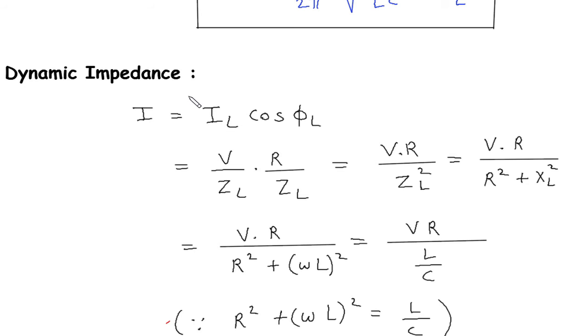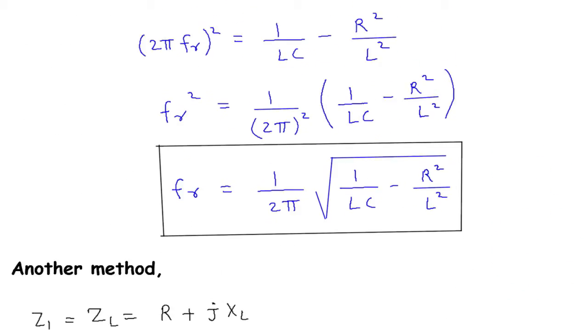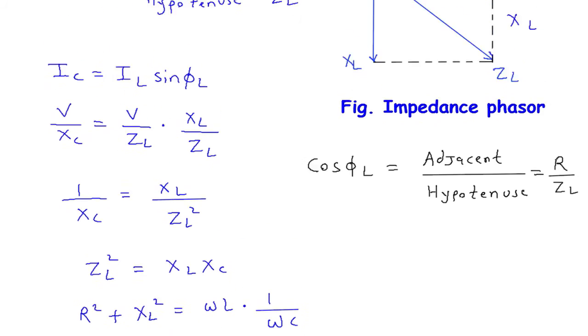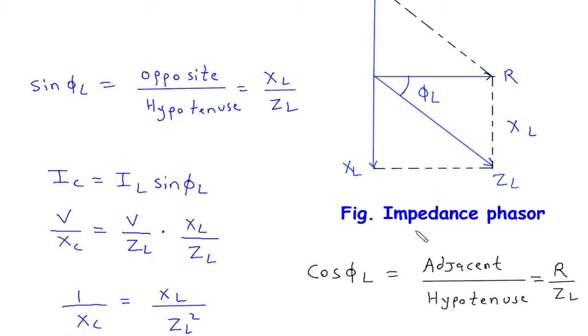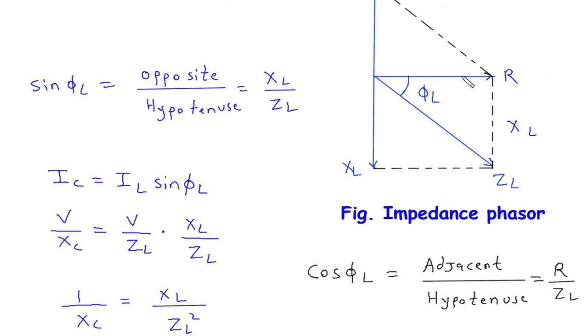Then dynamic impedance. We know that I is equal to IL cos phi L. Then again we can replace this IL by V by ZL into R by ZL. From this impedance phasor, cos phi L is equal to adjacent upon hypotenuse. Adjacent side is this R, upon hypotenuse is this ZL.